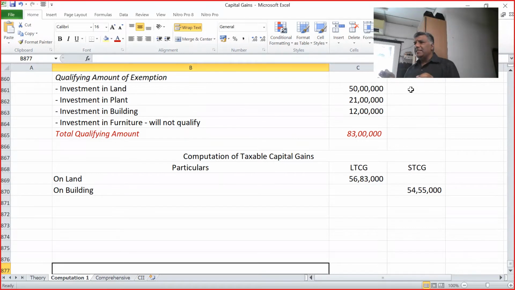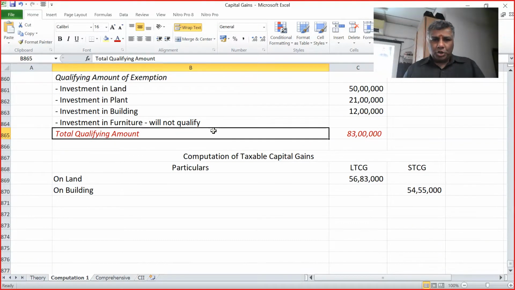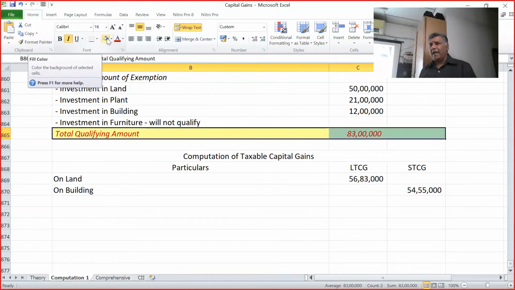Total eligible exemption, my dear friends, is 83 lakhs. So how to distribute? First STCG, balance to LTCG.